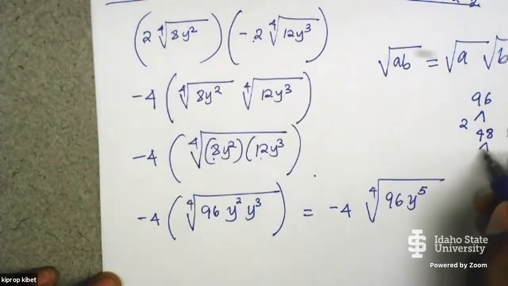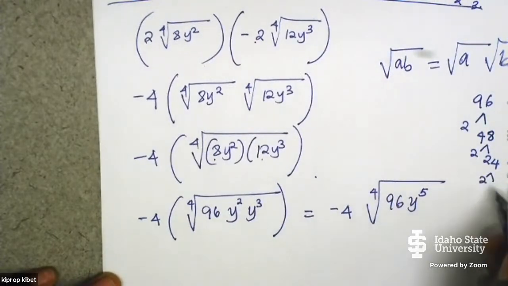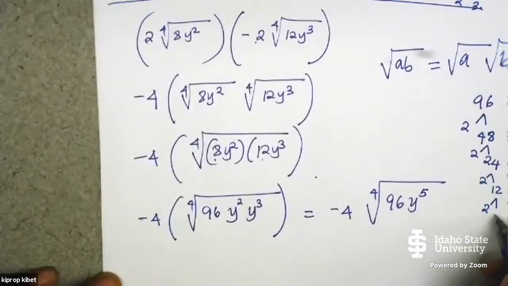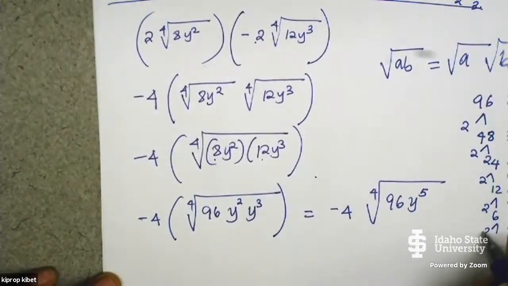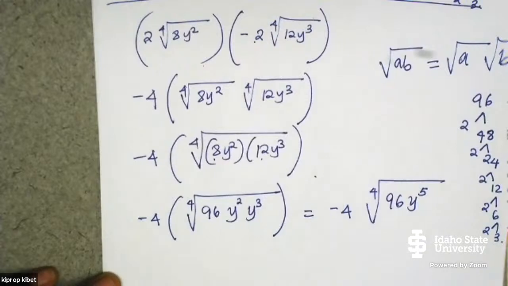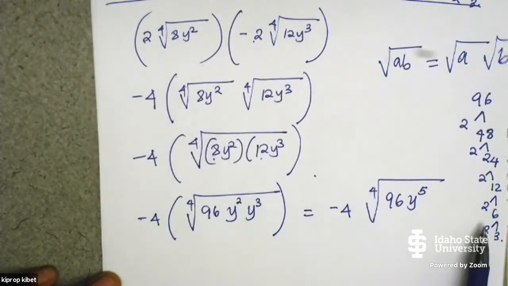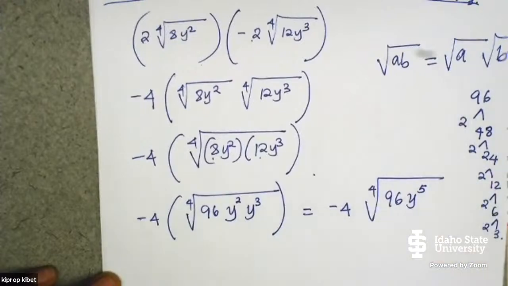Yep. 2 for 24, then 2 for 12, and then 2 for 6, and then 2. So how many 2s are there? 1, 2, 3, 4, 5.